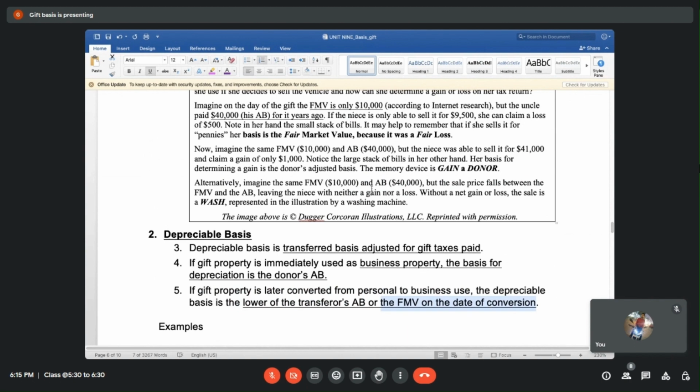We are not going to take the fair market value as of the date of gift. If it is later converted, we have to see what the fair market value was on the date of conversion. Lesser of these two, and that amount can be taken for the purpose of calculating depreciation.